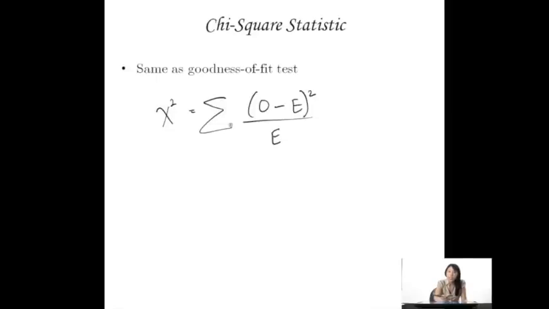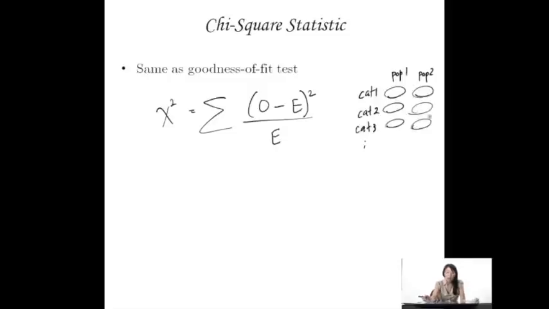Before, it was for each category. Now we have different categories in different populations, right? So we not only have category 1 and category 2 and category 3, and so on, but we also have population 1 and population 2, at least, right? And so we have multiples of observed frequencies, and so what do we do, right?